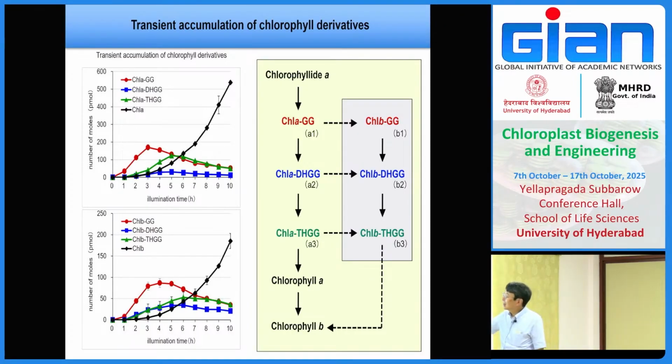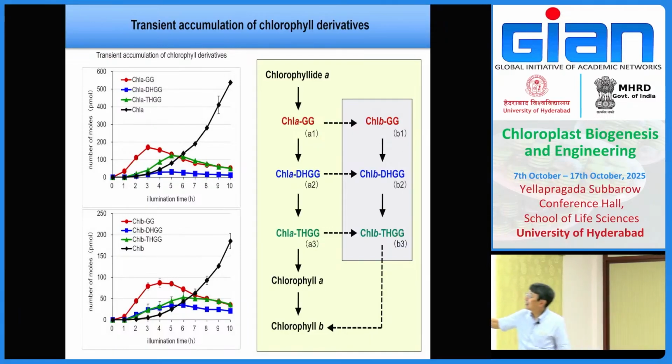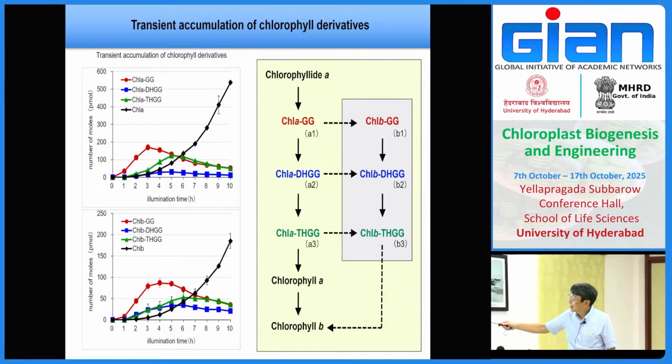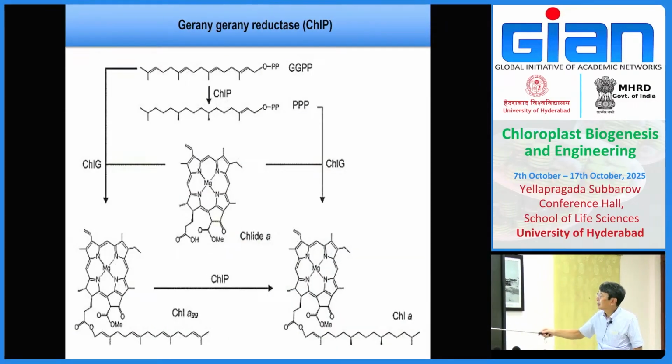But before the chlorophyll A accumulation, geranylgeranyl chlorophyll A starts to increase, peaking at 3 hours after illumination, and then slowly going down. Then dihydrogeranylgeranyl chlorophyll A increases a little later, peaking at 5 hours, and then going down. Tetrahydrogeranylgeranyl chlorophyll A also goes up, peaking at 5 or 6 hours, and then going down.